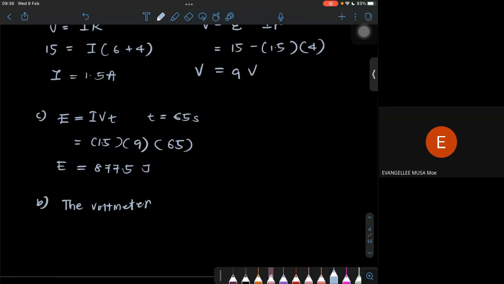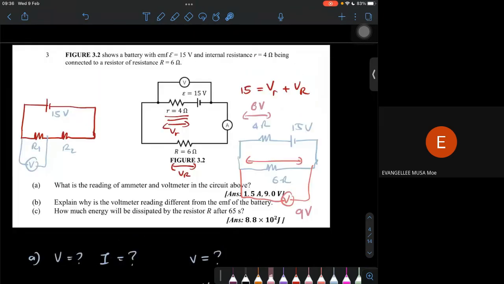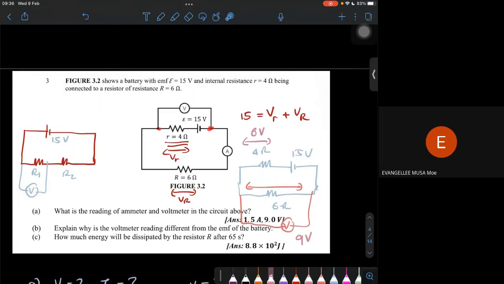So basically voltmeter ni is measuring the terminal voltage. Maksudnya dia read the terminal voltage between 2 point.